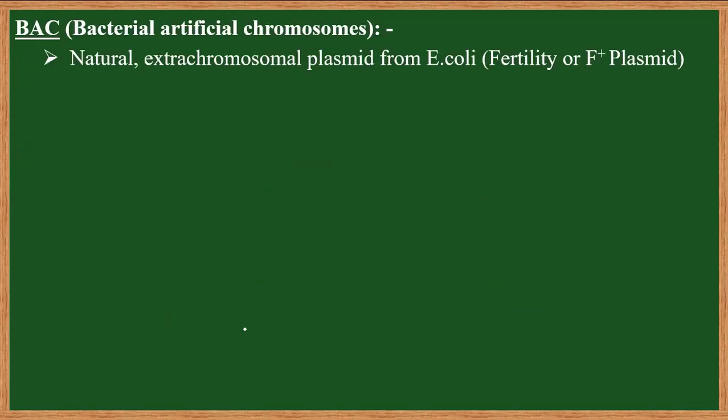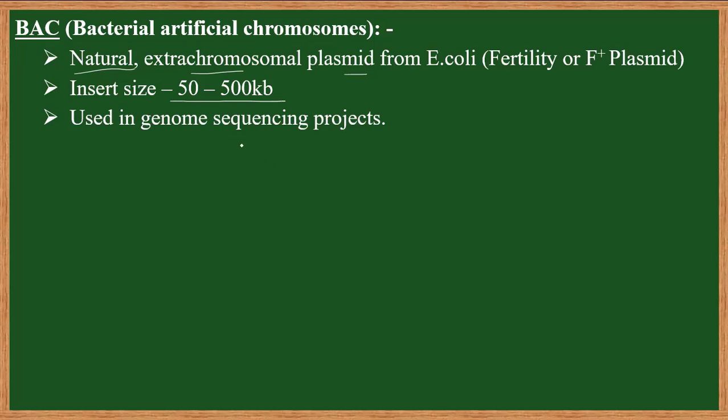So now we will see BAC, bacterial artificial chromosome. The first feature is a natural extra-chromosomal plasmid from E. coli, the F plus plasmid, and the insert size is 50 to 500 kb, and it is used in genome sequencing projects. Mostly when we sequence any prokaryotic cell, then we use the BAC type of vector.